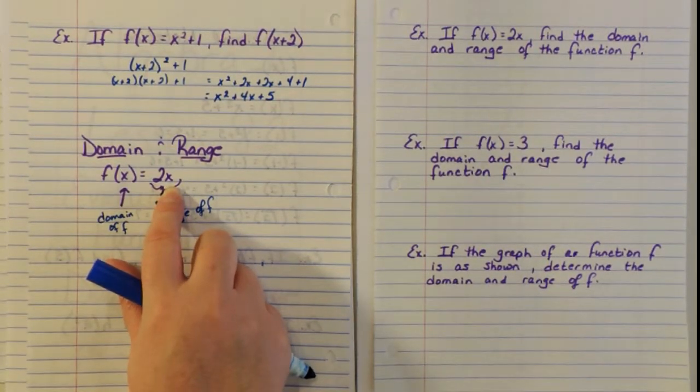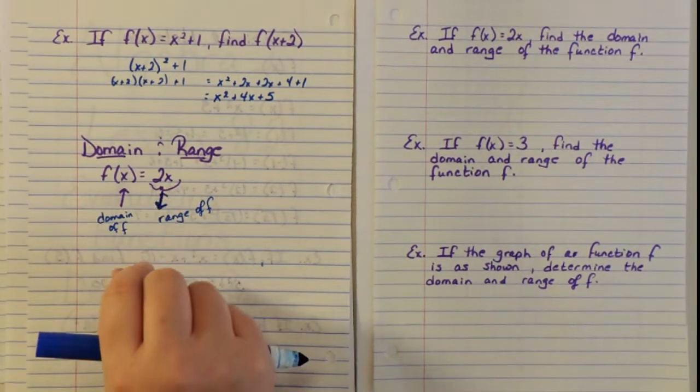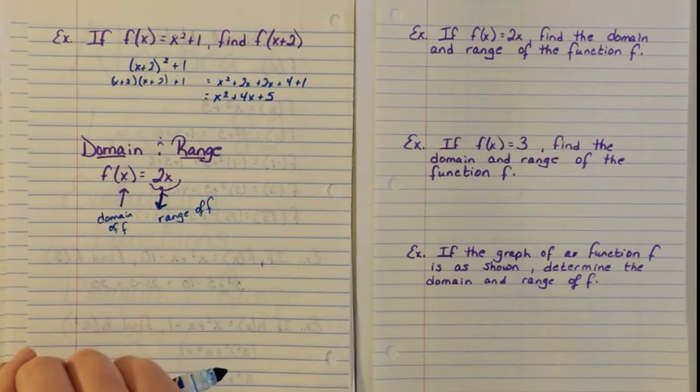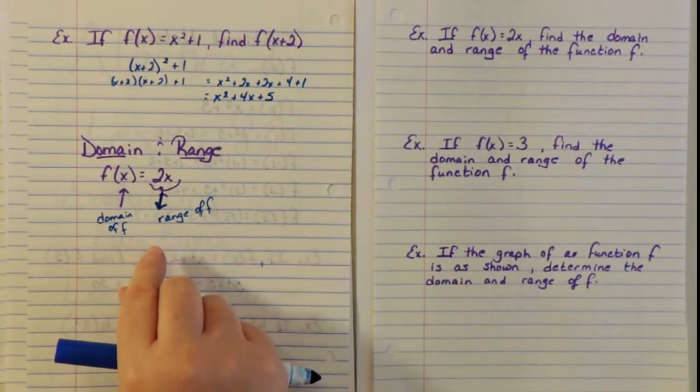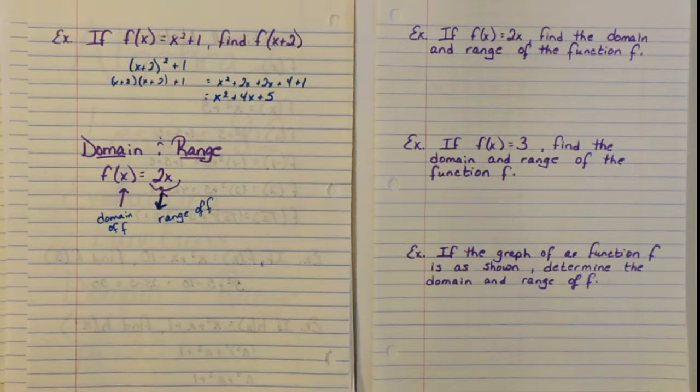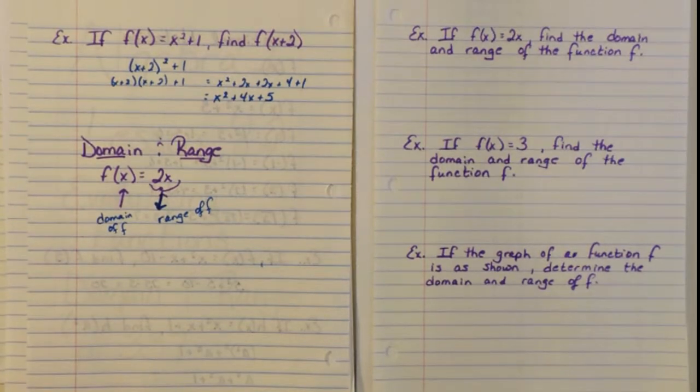We also can't end up with 2 over 0, because that's undefined. We can't have 0 in the denominator. So any real number that does not leave us with a 0 in the denominator or a square root of a negative is acceptable.